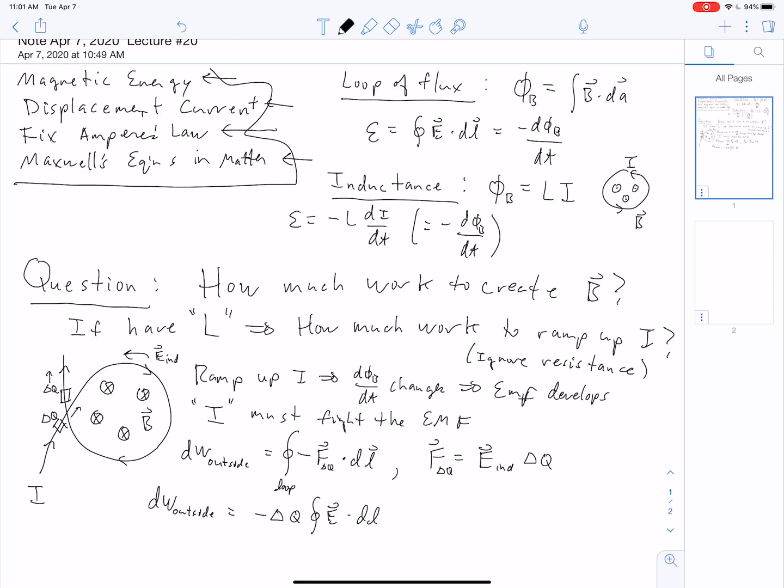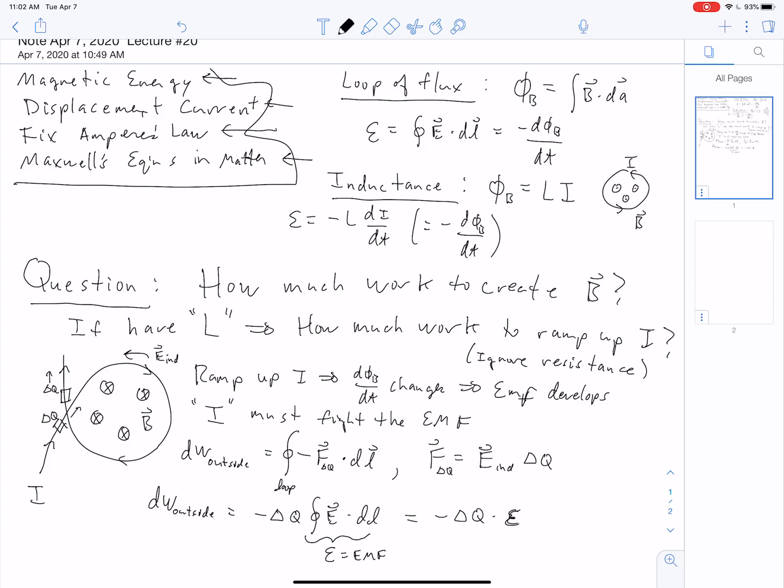First we can notice that this is the EMF. So the work done by the outside agent is simply negative delta Q times the EMF. That makes sense because energy is equal to charge times a voltage, because EMF is like a voltage.